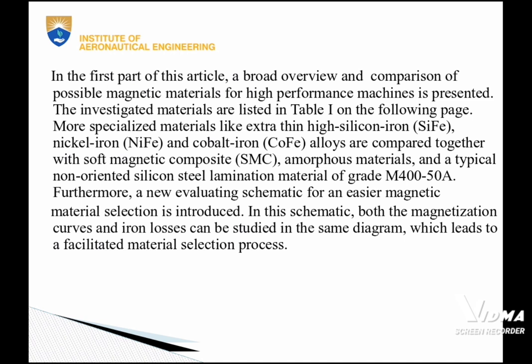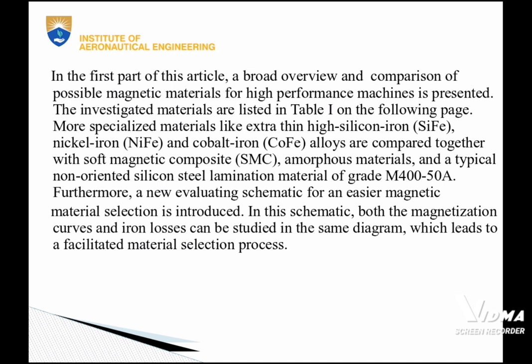In the first part of the article, a broad overview and comparison of possible magnetic materials for electrical machines is presented. The investigated materials are listed in Table 1 on the following page.